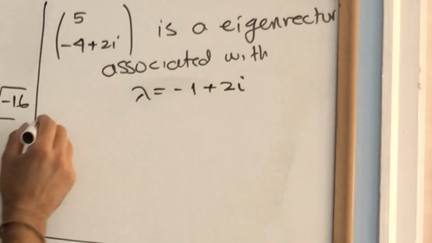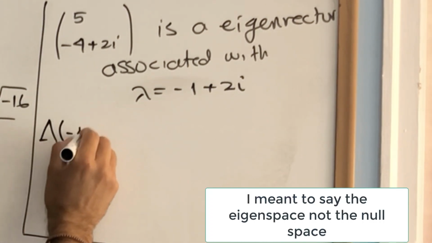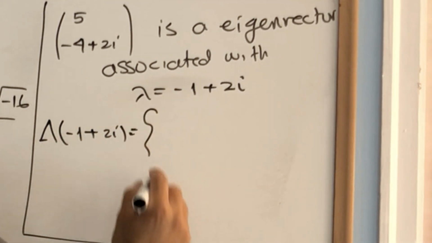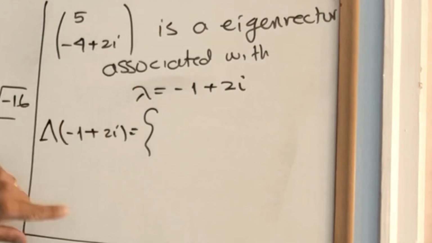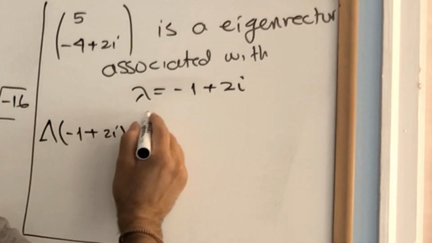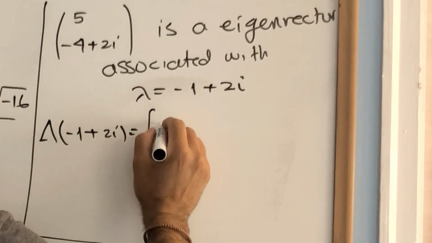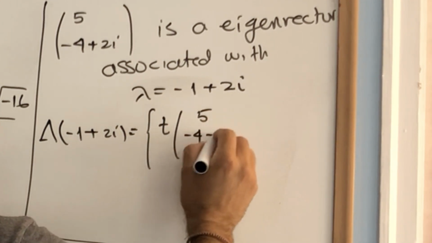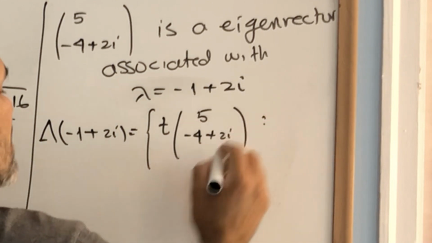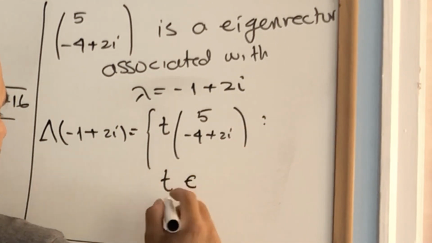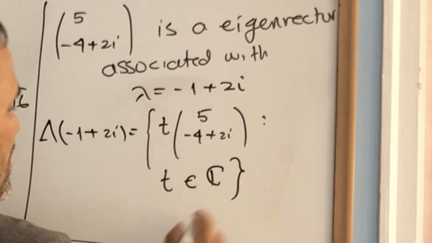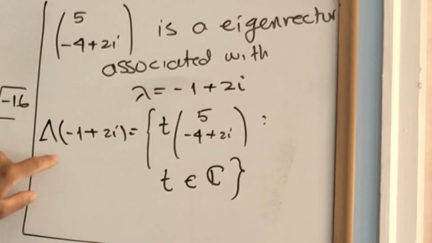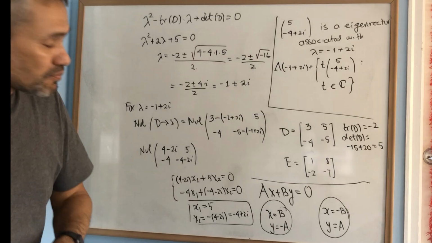And what is going to be the null space? The null space for -1 plus 2i is just the multiples of that eigenvector. Let's see, we have that this is going to be the t's times (5, -4 plus 2i), such that t is a number. Actually, since we're working in the complex numbers, then we're going to say that t is a complex number. Okay, then this is the eigenspace.